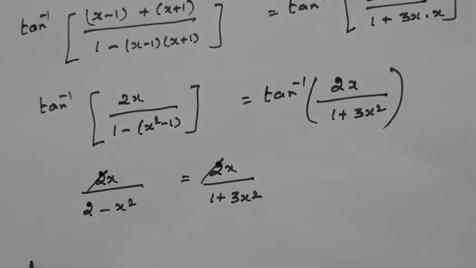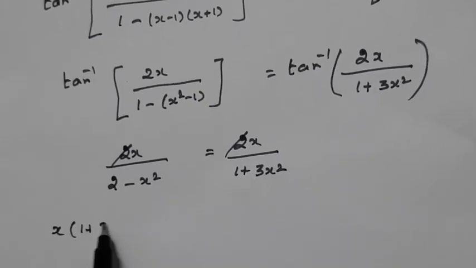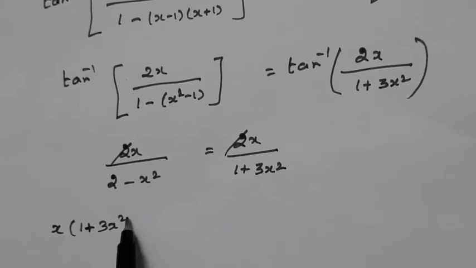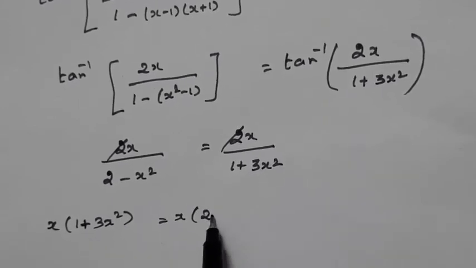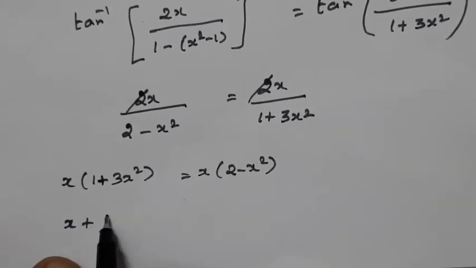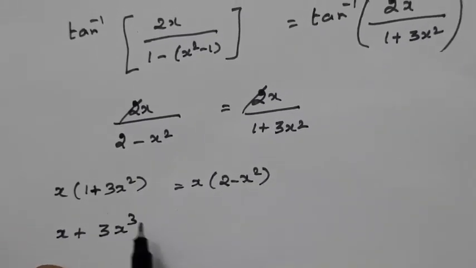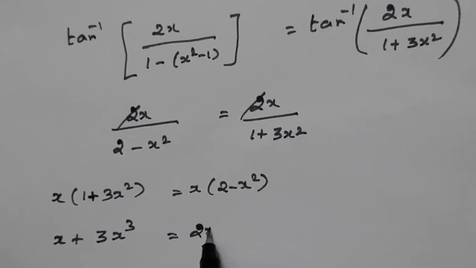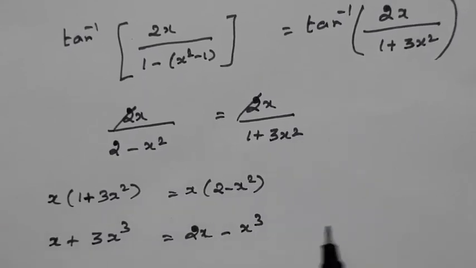Now cross multiply this here. So x into 1 plus 3x squared is equal to x into 2 minus x squared. So multiplying, x plus 3x cube is equal to 2x minus x cube.